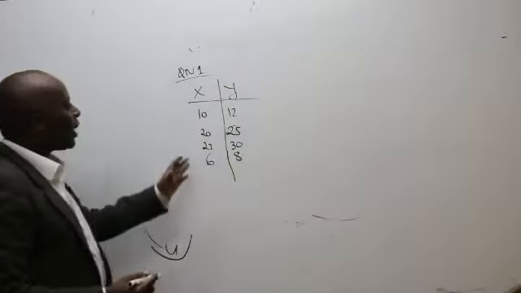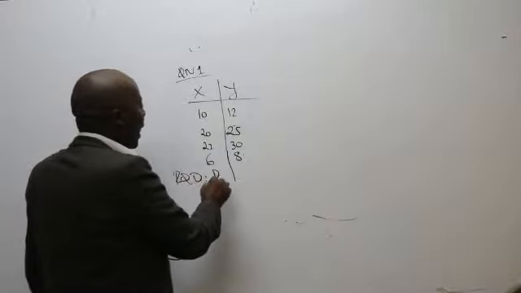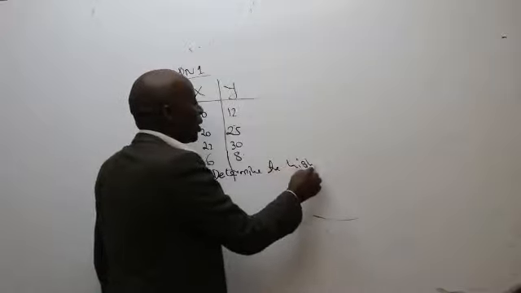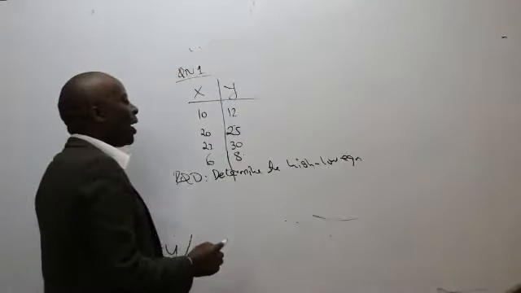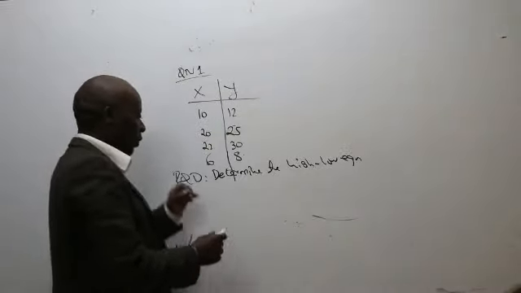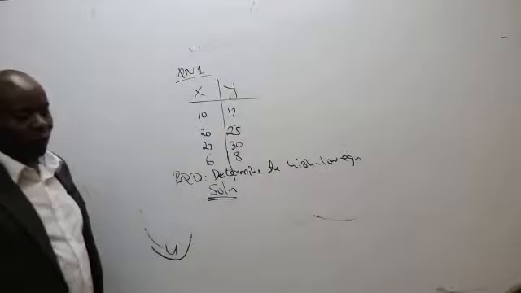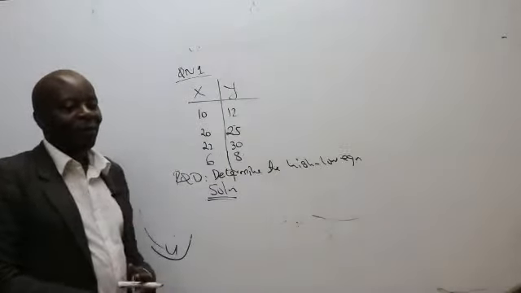So if you're given this kind of a question, and then we are required here to determine the high-low equation, what shall you do to be able to get the high-low equation, the solution?